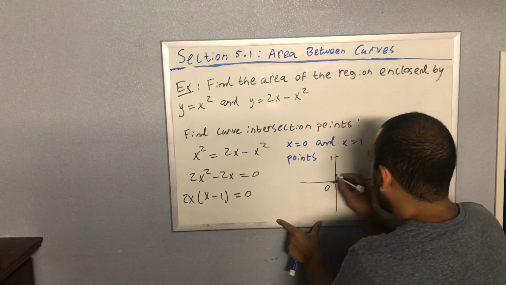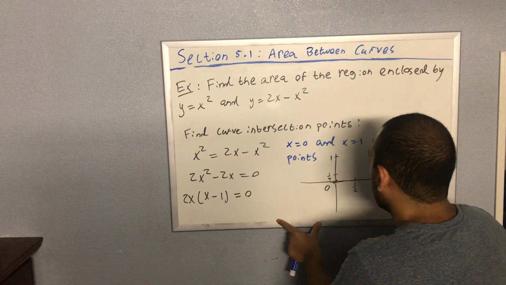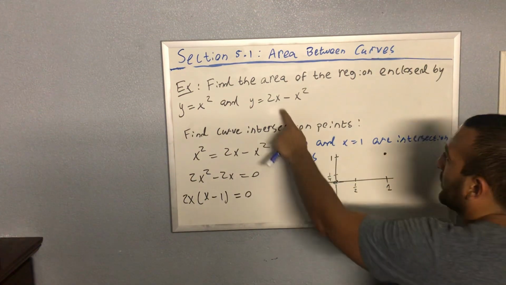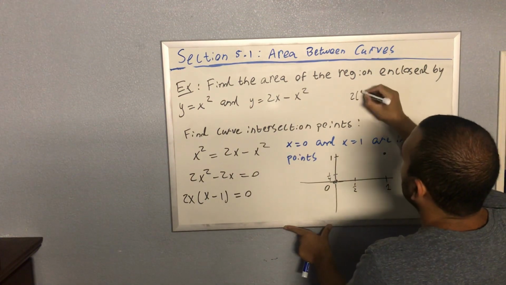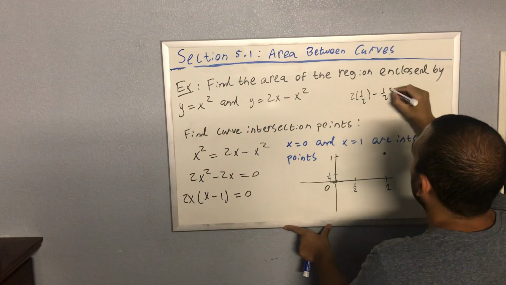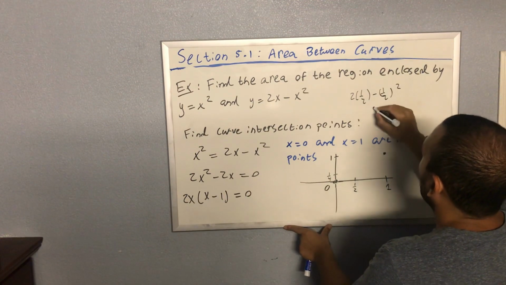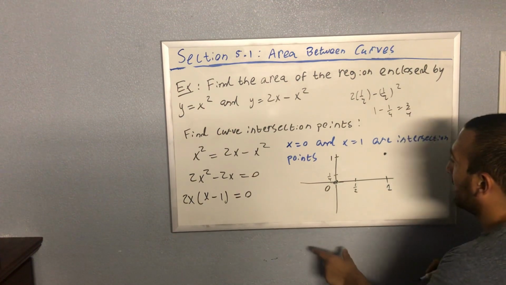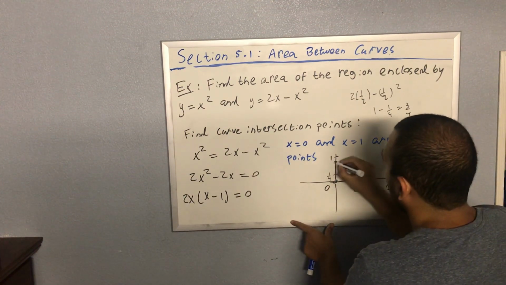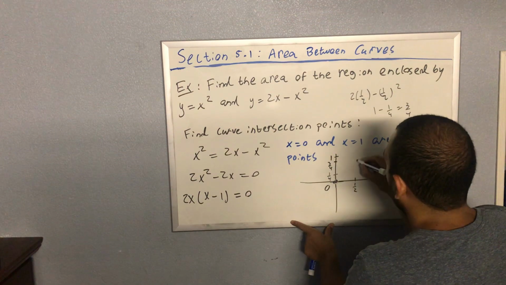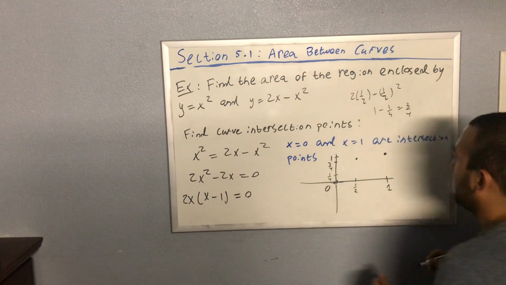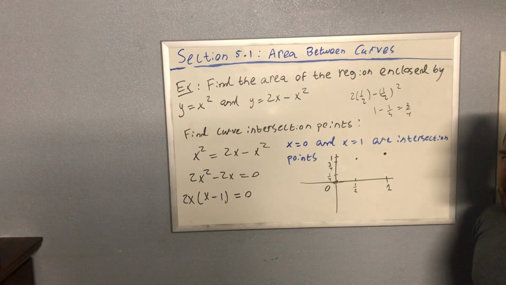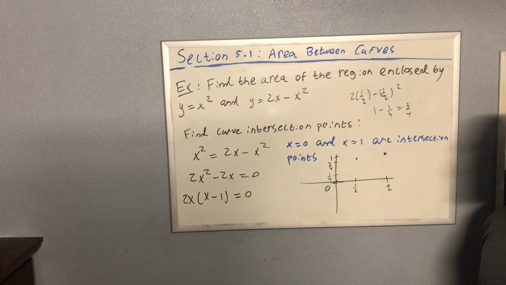So at one curve, the value is 1/4. On the other curve is what happens when you stick 1/2 into here. You get 2 times 1/2 minus 1/2 squared. So you get 1 minus 1/4, which is 3/4. So in the other function, we're actually all the way up at 3/4. And so this might be enough to show which function is the top one and which one is the bottom one.